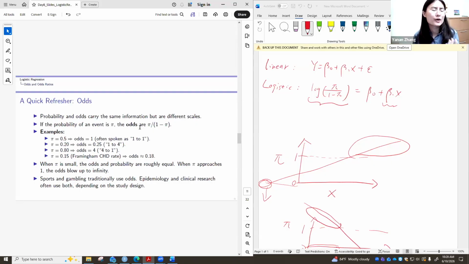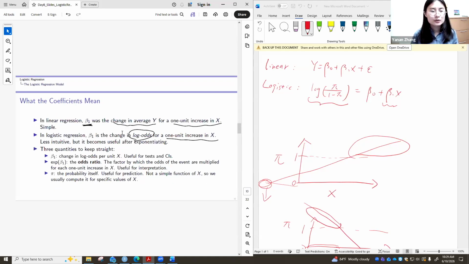Odds originated from sports and betting, but in epidemiology, people use the odds ratio a lot too. All right, let's go back to the odds ratio. So we know what odds is, right? Odds is the probability of success divided by the probability of failure.